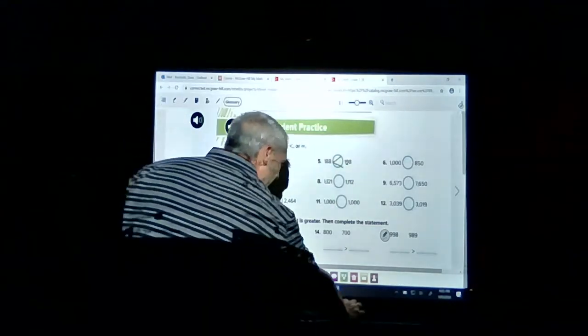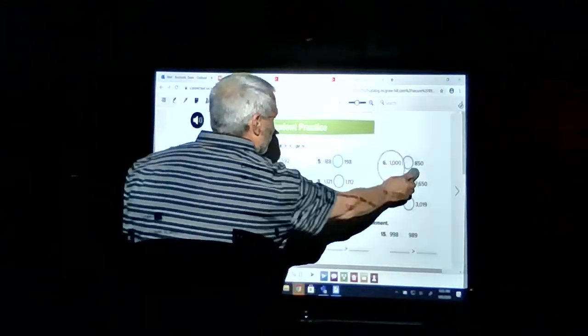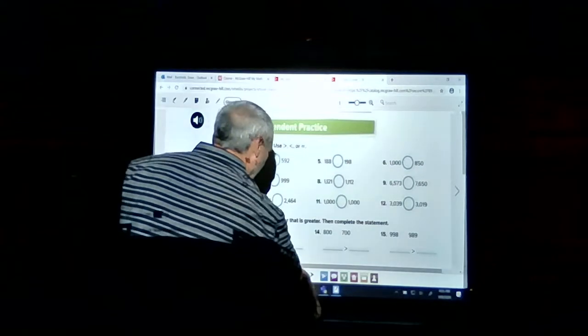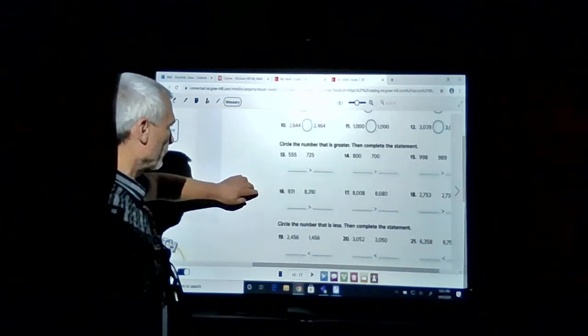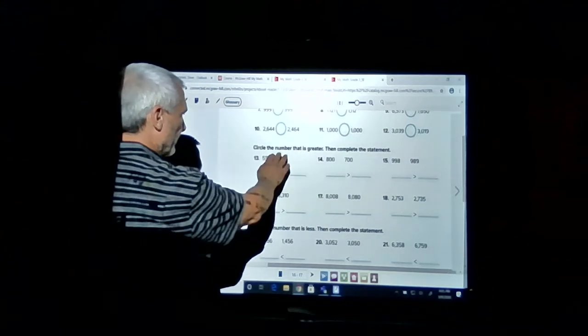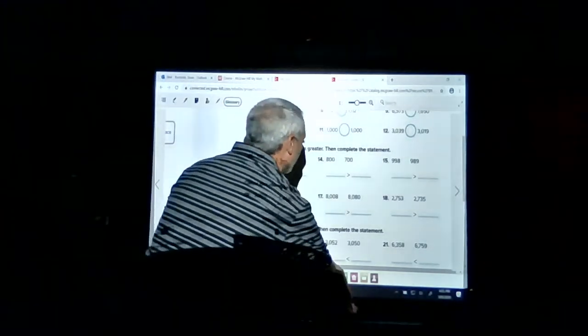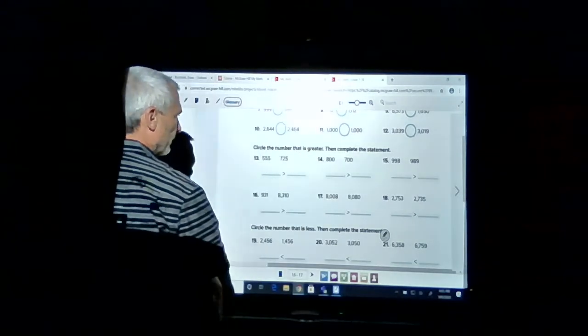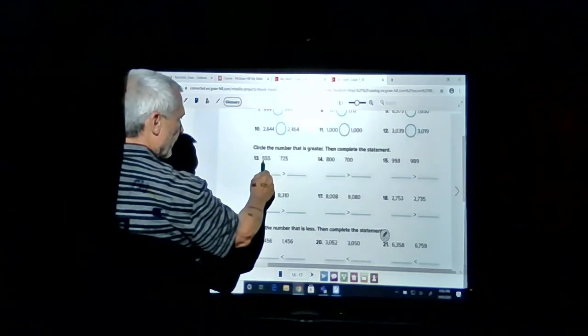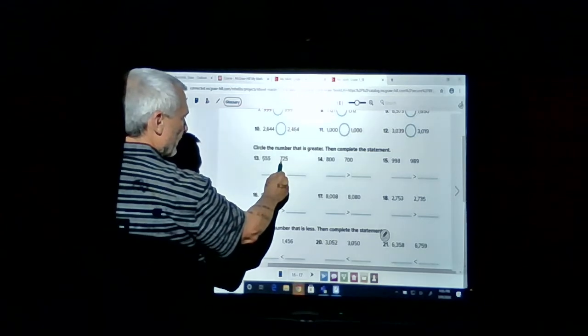All right. Mr. B wanted to show you one more. On these examples, it says first, circle the number that is greater. Which one's bigger? 5 in the hundreds, 7 in the hundreds.